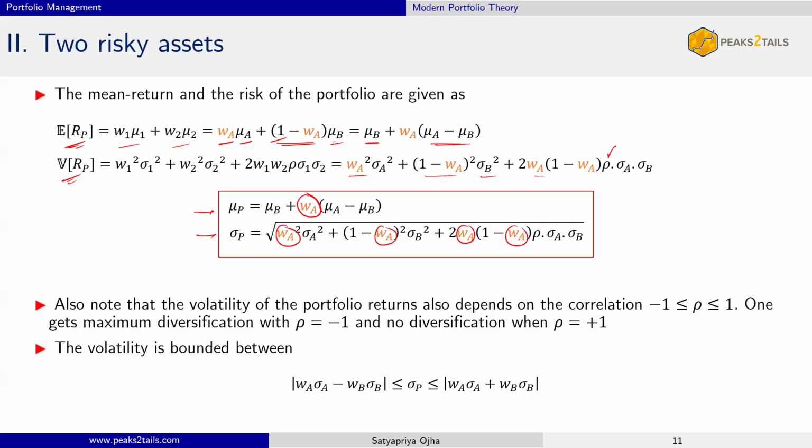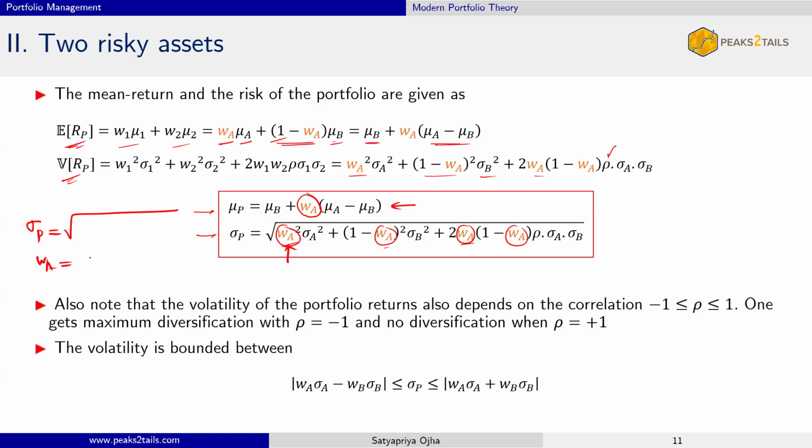Now, here's the thing. Clearly, this looks like a nonlinear equation because you have the square root and WA squared, all kinds of stuff happening here. So the idea would be to take sigma p, and in this expression replace WA from the first equation. What is WA?